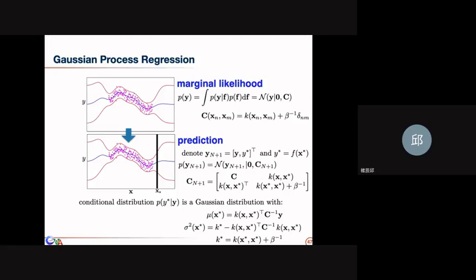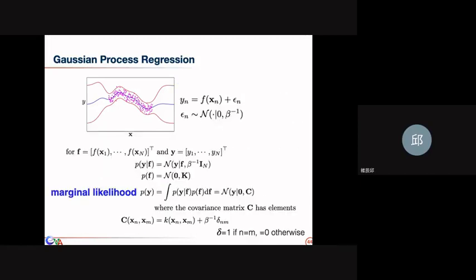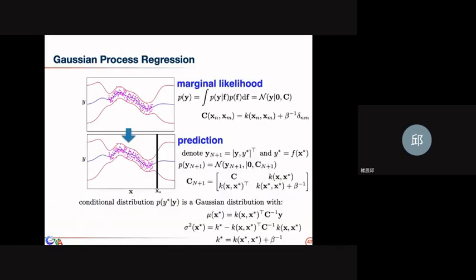First we denote y n plus 1, this new set, as equal to y and y star. The first y is all the y's in the training data set, and y star is the regression result for this test input.